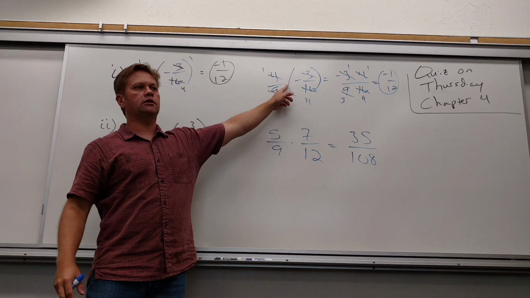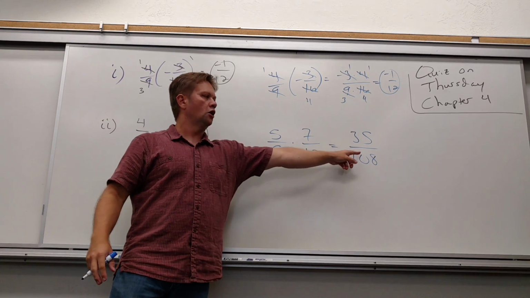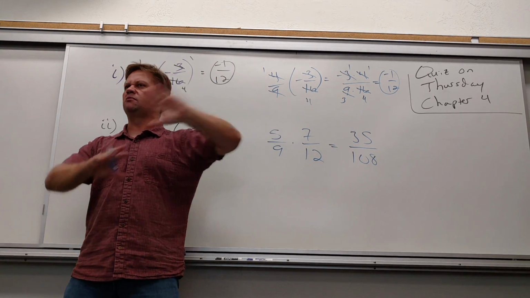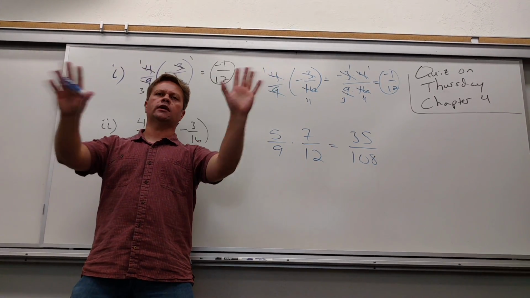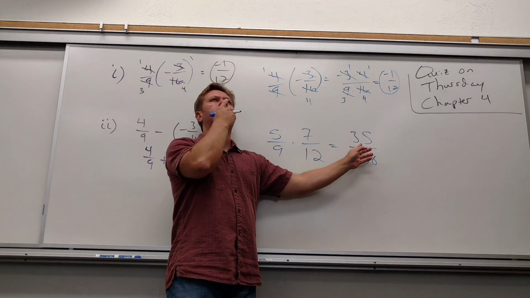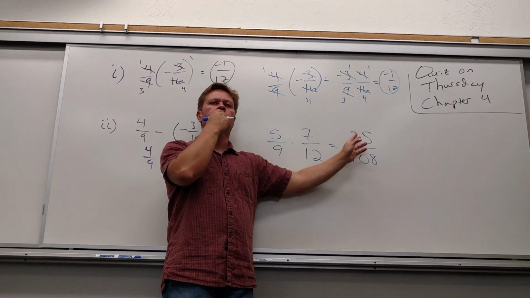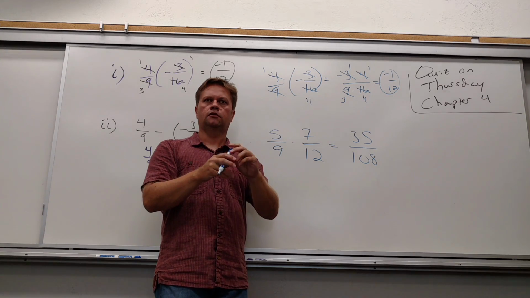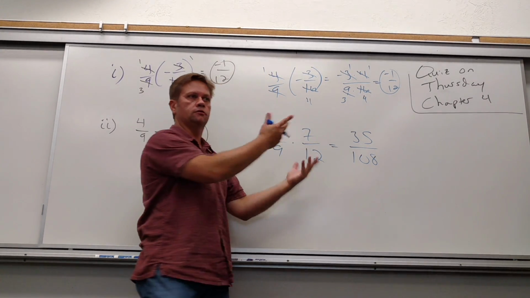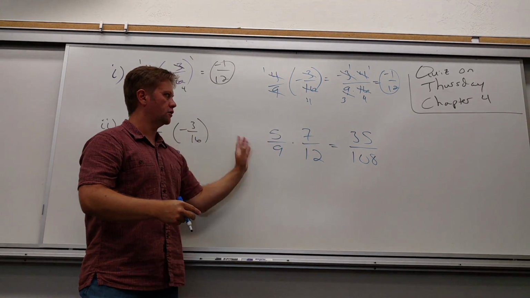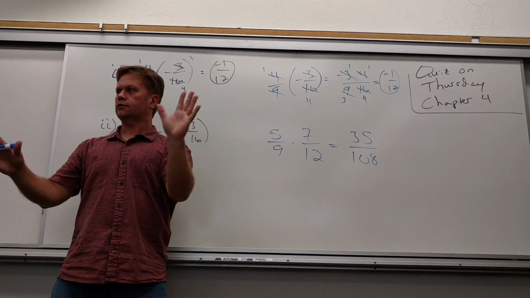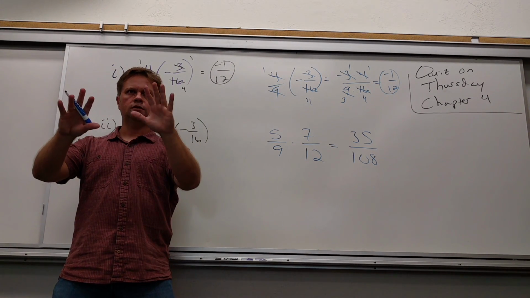That's another reason why I like to reduce first, so that I know for sure whenever I'm done with it, I'm done. Next one. Not sitting there going, let's see, 35, 108. I know there's nothing because I already looked. Nothing there, nothing there. I'm done after I multiply. Next. Does that make sense? All right, cool.